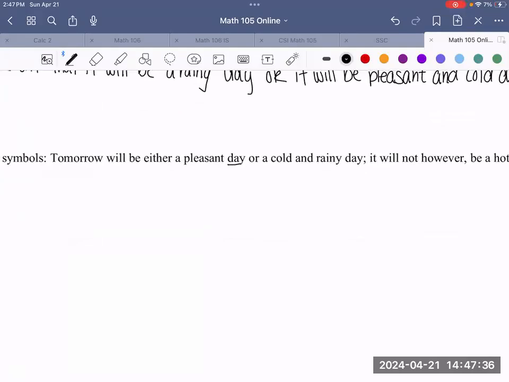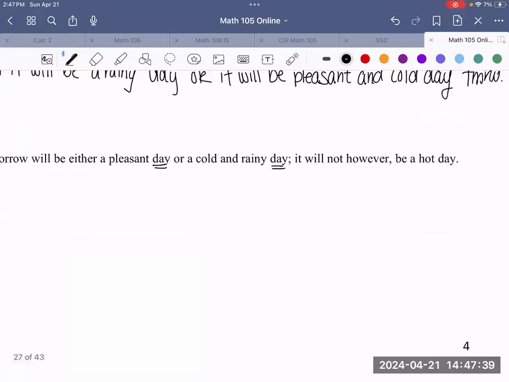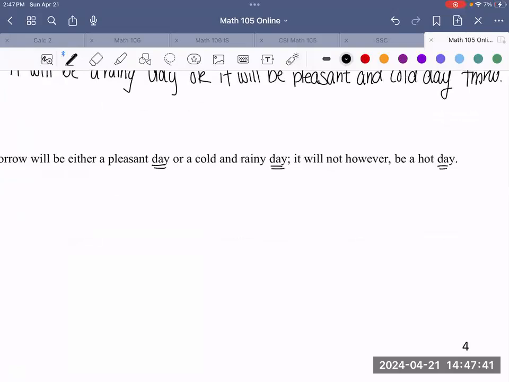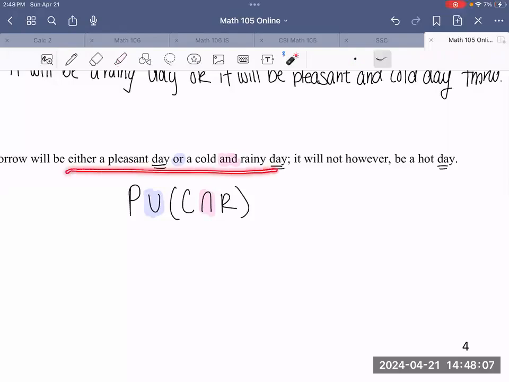So the wording here kind of breaks everything up as to what goes together and what doesn't. So either it's going to be a pleasant day or, okay, I'm going to put this or here, or it'll be cold and rainy. Cold and rainy go together. So it's got to be cold and rainy together, right? So it'll either be a pleasant day or a cold and rainy day.